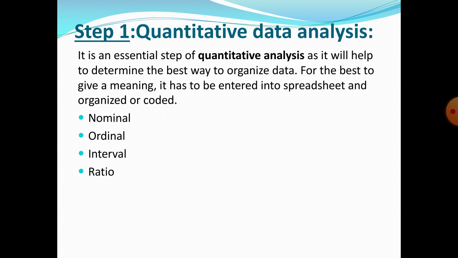It is an essential step for quantitative analysis as it will help to determine the best way to organize data. To give it meaning, it has to be entered into a spreadsheet and organized or coded, like nominal, ordinal, interval, and ratio data.